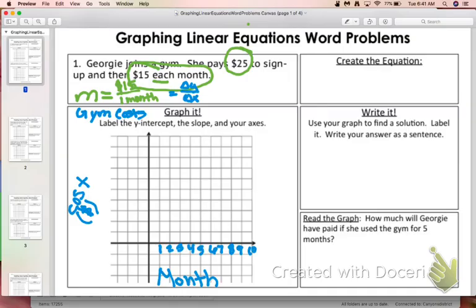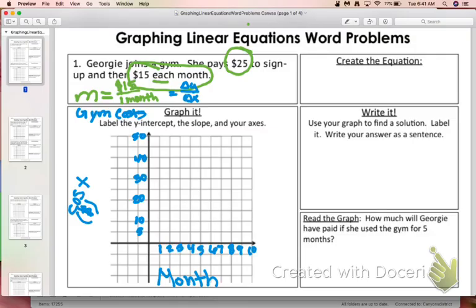No, because both 15 and 25 are pretty high, and I don't have enough spaces going up. But I could go by fives. So I'm going to label every other one, but they'll be going up by fives. So, here's 5, 10, 15, 20, 30, 40, and 50.